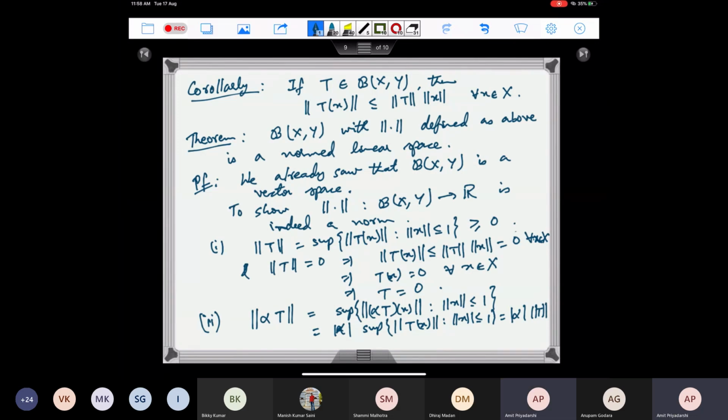In particular, we will see that if X is any normed linear space and we take Y equal to R or C, then B(X,F), denoted by X star, is the dual of X. So for any normed linear space, its dual is always a Banach space. That will be a particular case of that result.